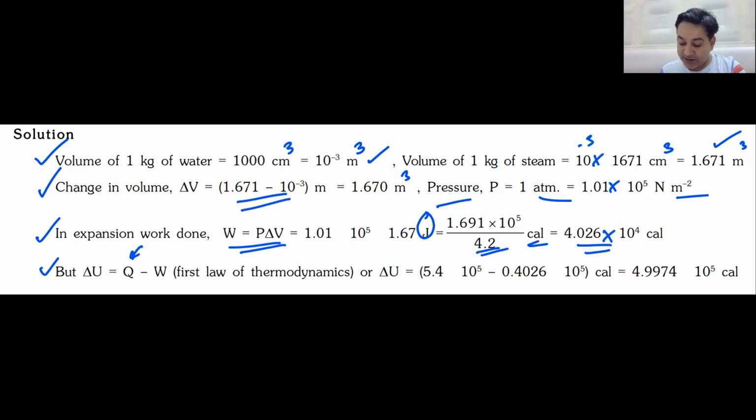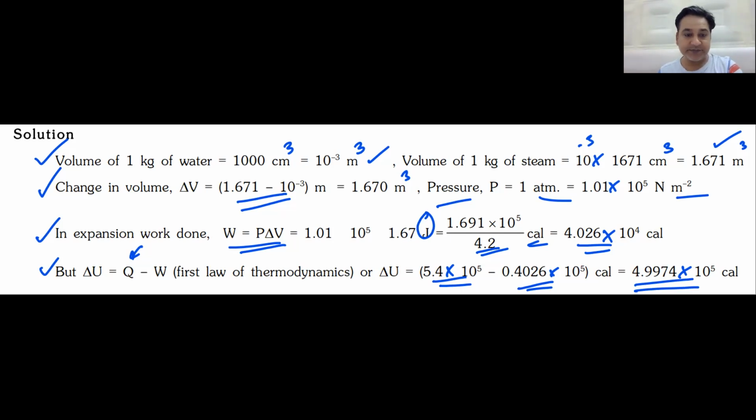Then you can apply delta U is equal to Q minus W. Q is m into L, mass is 1 kg. Yes or no? Yes, sir. Then you just subtract and you get the change in internal energy. And as you can see, the change in internal energy is quite high, and that is why 1 kg of water at 100 degrees Celsius and 1 kg of steam at 100 degrees Celsius differ: steam will cause a lot of burn because it has a lot of extra internal energy.